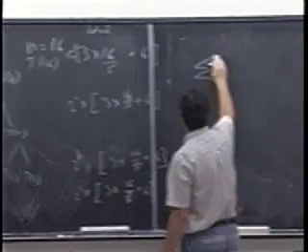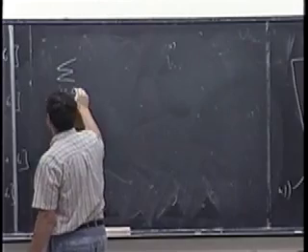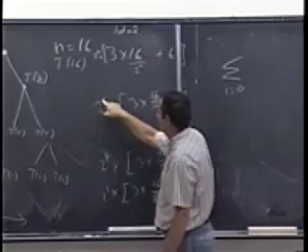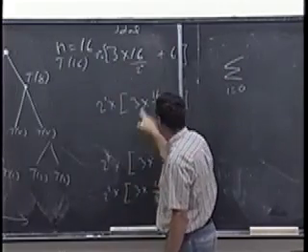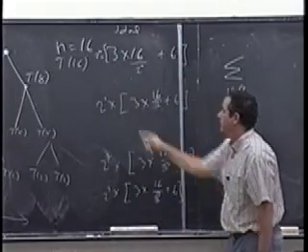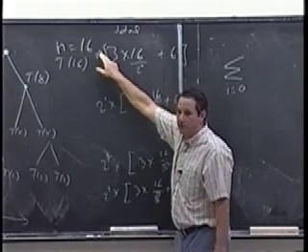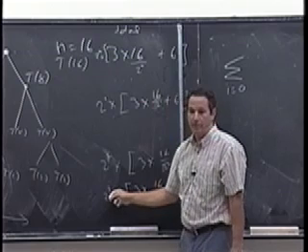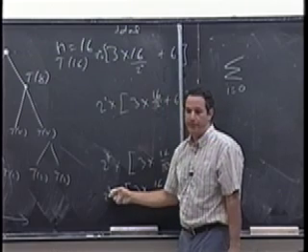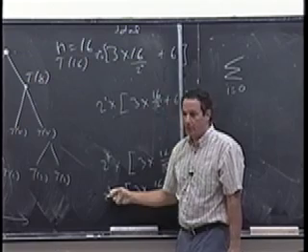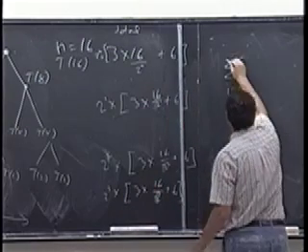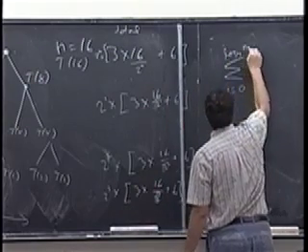So this is a sum. I equals 0. This is going to be my I here. And the first thing we see is that I is running from 0 to what? Log base 2 of n.